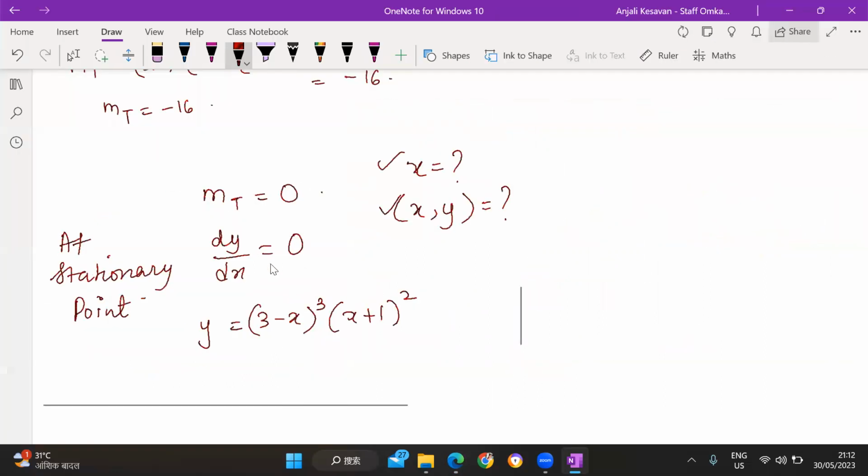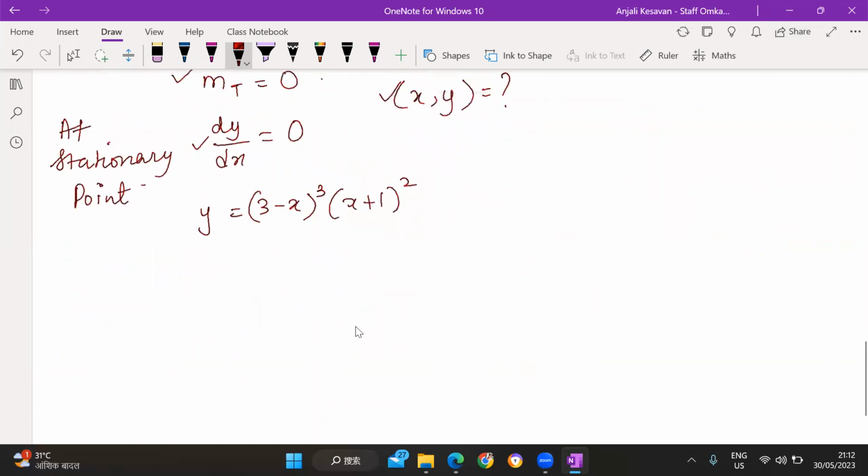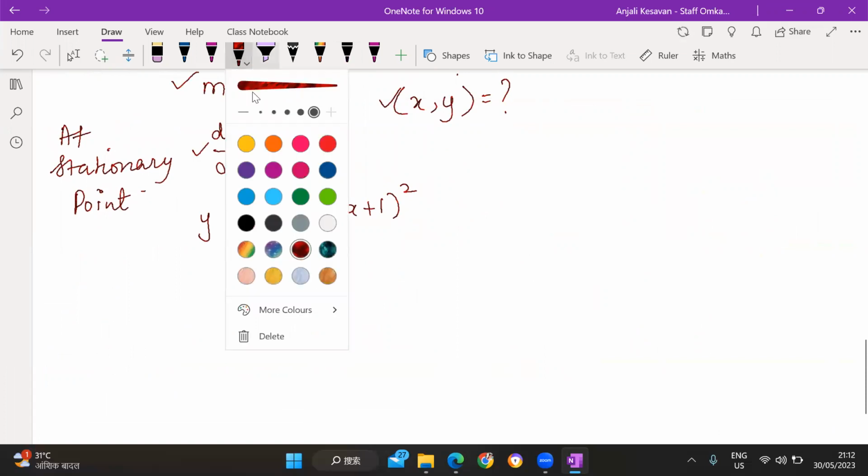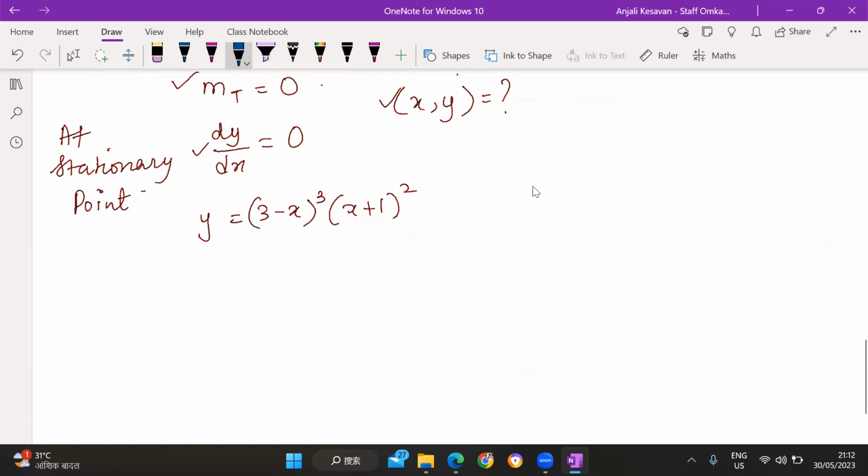Alright, so we have this information. Shall we find the derivative? What do we apply? Stationary point. Yeah. What is u? 3 minus x the whole cube, correct?